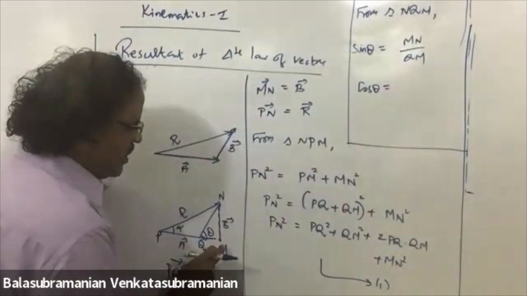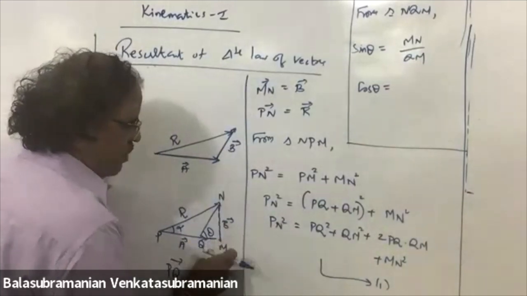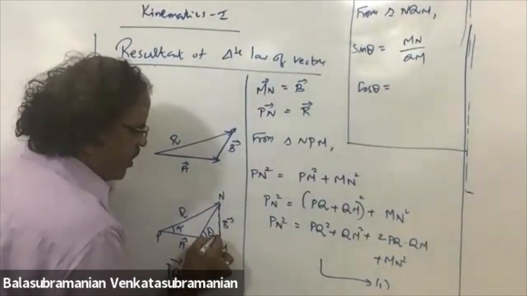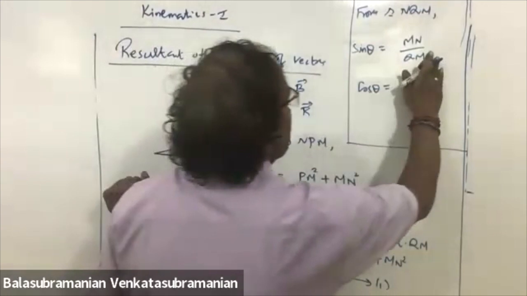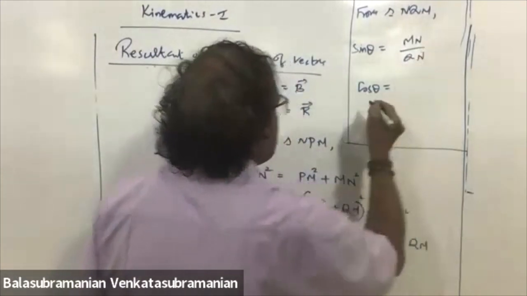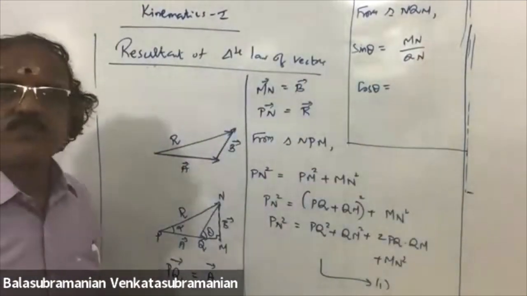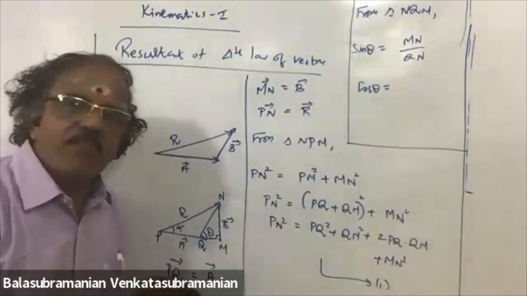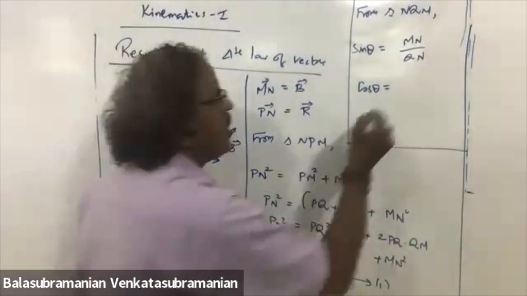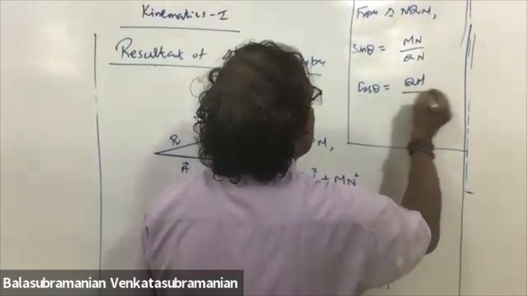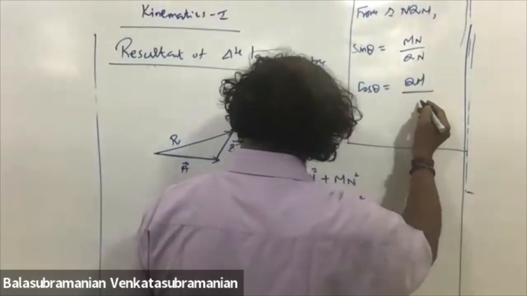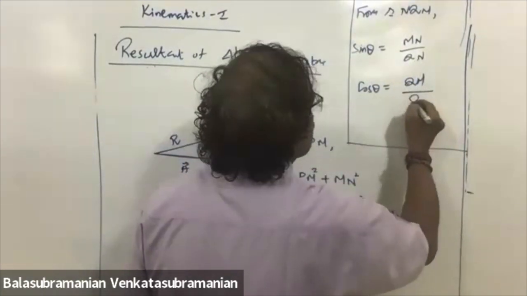Sir, sin theta is opposite side MN by hypotenuse. Hypotenuse is QN. Cos theta is adjacent side by hypotenuse, QM by hypotenuse.